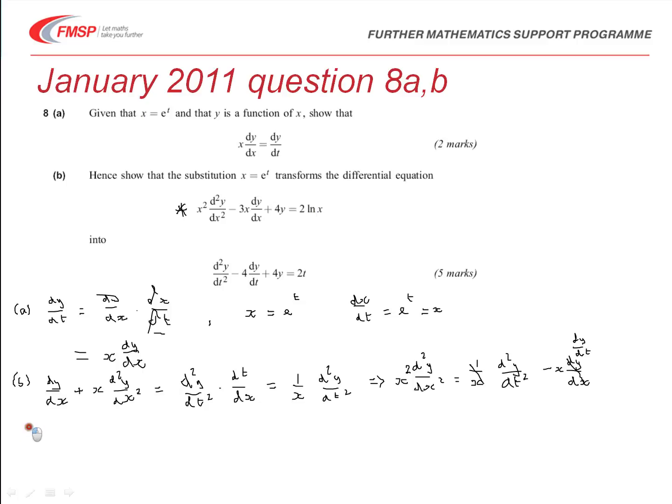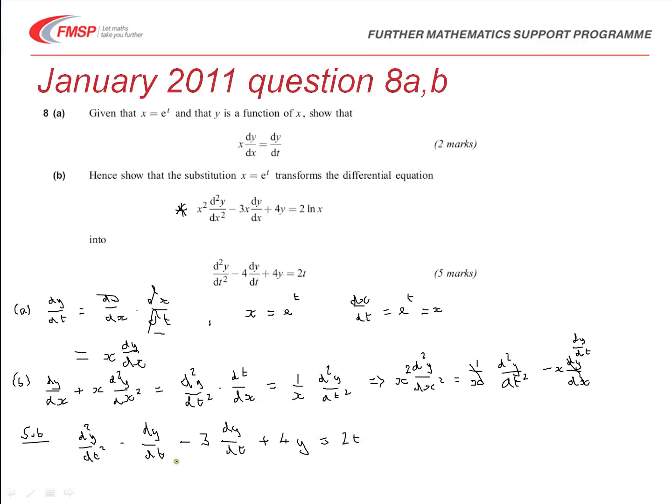So substituting, we are then going to get d2y by dt squared minus dy by dt, and then it's minus 3 lots of dy by dt plus 4y equals 2t.